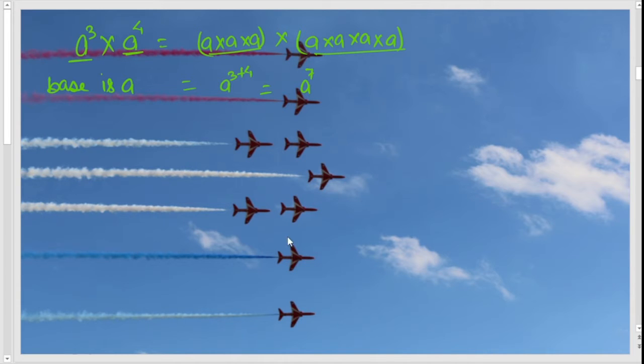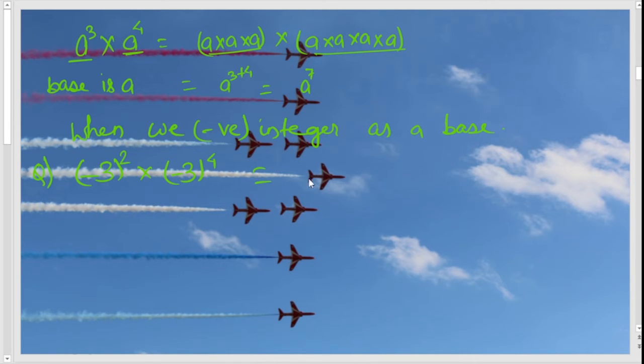Next, we can also take a negative integer as a base, like -3. The question is -3 to the power 2 into -3 to the power 4.